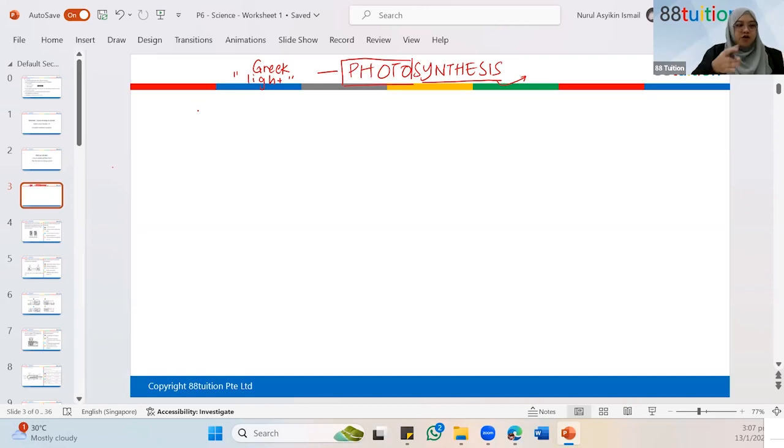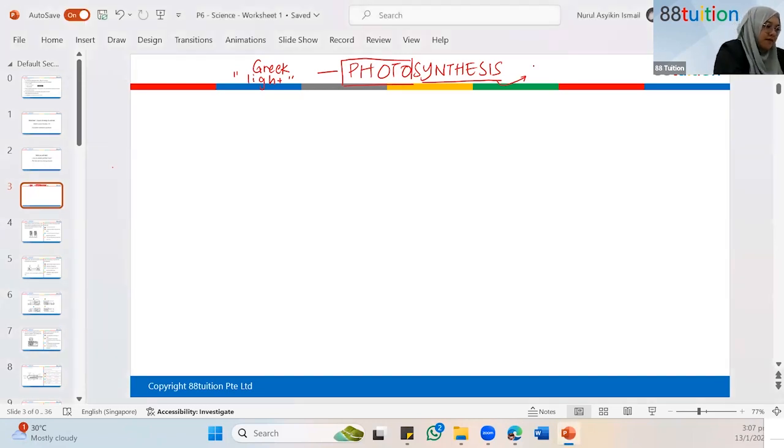I will read the chat also. I have two screens here. Let me give 10 more seconds. If no response, nobody offers anything? No? Okay. The word synthesis means to make.